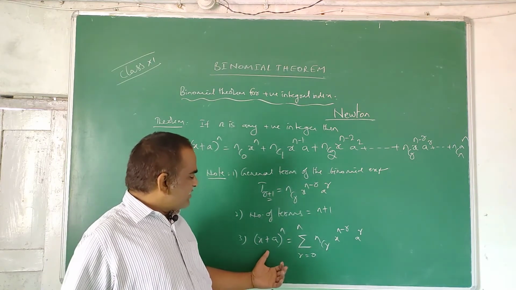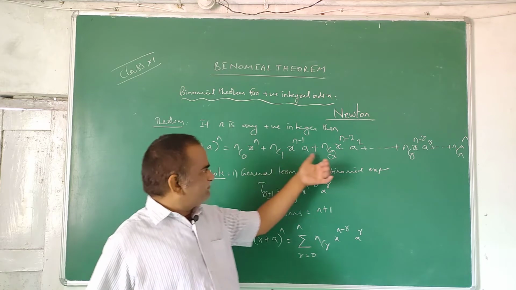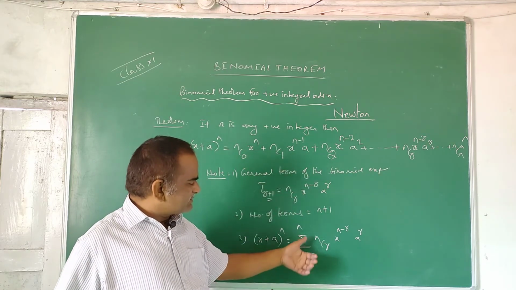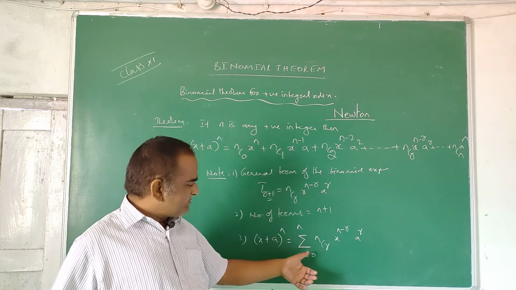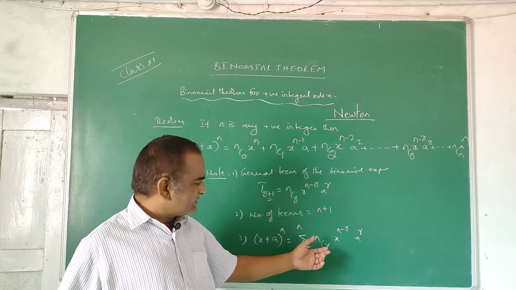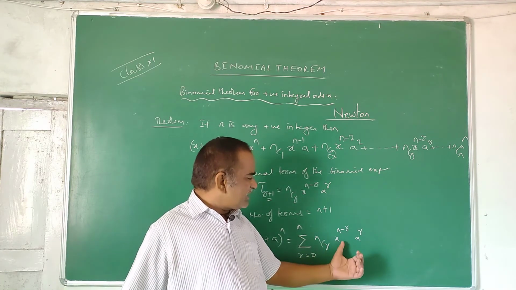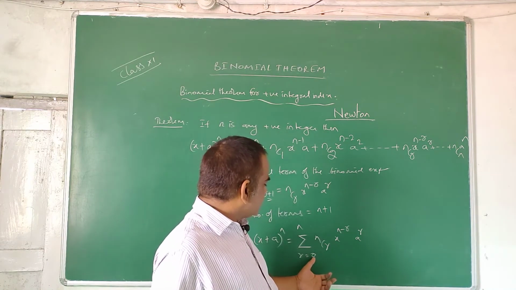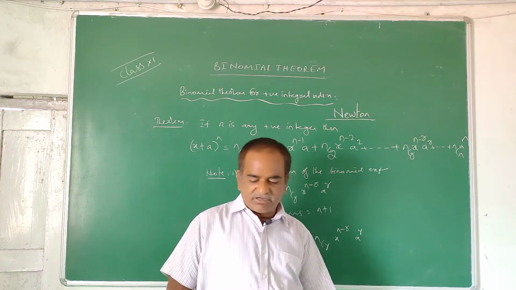So the binomial theorem in the expanded form can be expressed using summation notation. Understood?